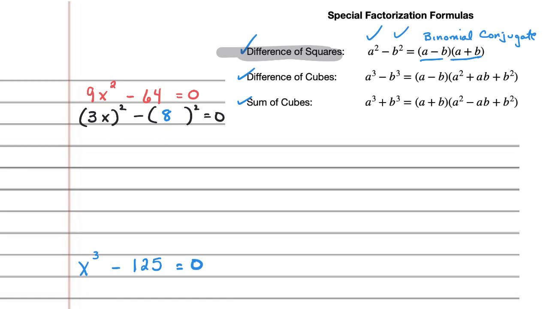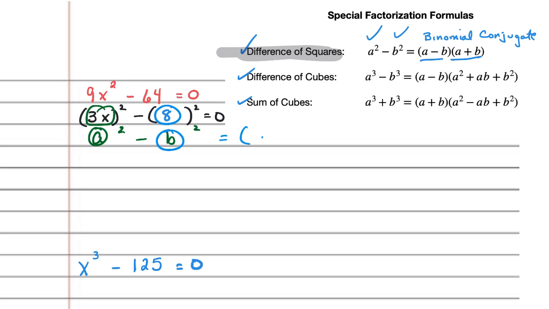But now by writing it this way, I should do this in a different color here. Let's use some green. So now this is my A right here, and my 8 is my B. So you can tell once you've written them what A is and what B is. And then you just have to use the formula.